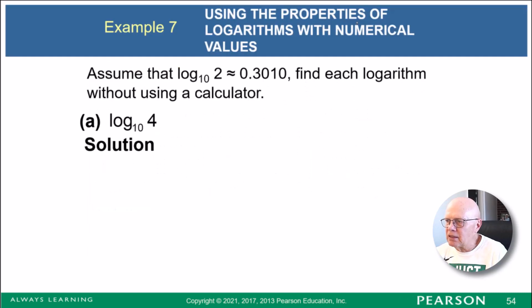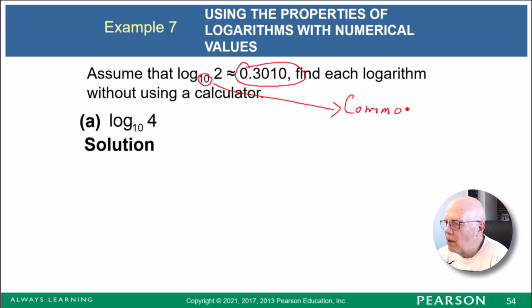Put it down in red, whatever you need. Now a little bit of calculator work just so you can get some of these results as approximations. This one is given to you. Now notice that this is base 10. We haven't mentioned it here, but if it's a base 10, it's called a common logarithm, because we commonly use base 10 in our daily life.